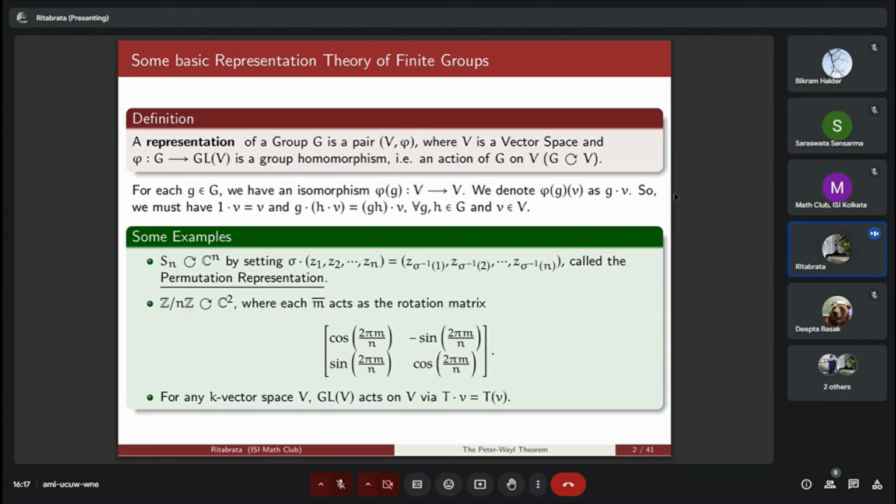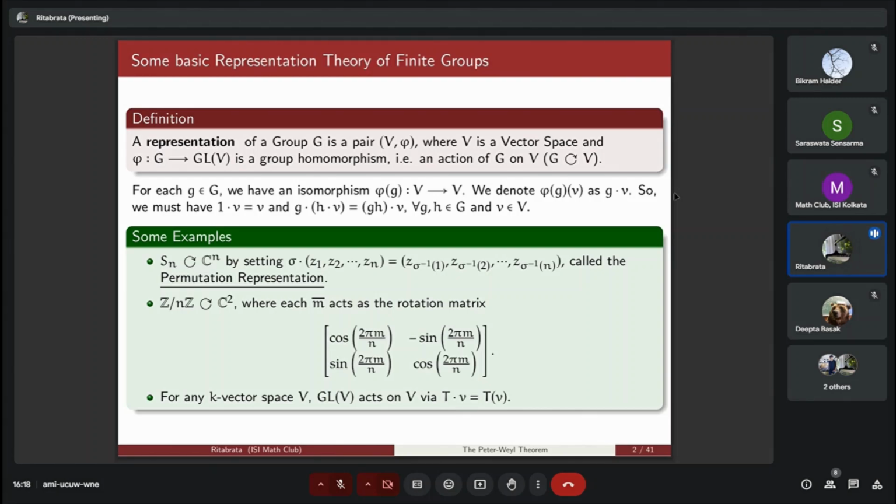So we'll study the group by seeing how the group acts on different vector spaces. This basically helps represent each group element by a matrix. So the advantage is we can convert group theoretical problems into linear algebra problems, and linear algebra is much easier to study than group theory. This helps us reduce a lot of difficult situations to easier situations.